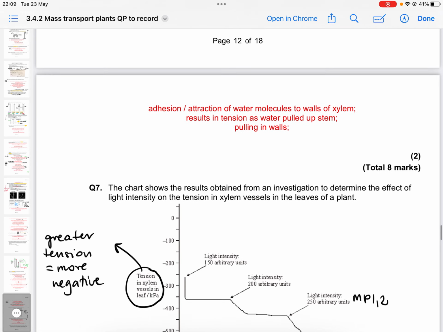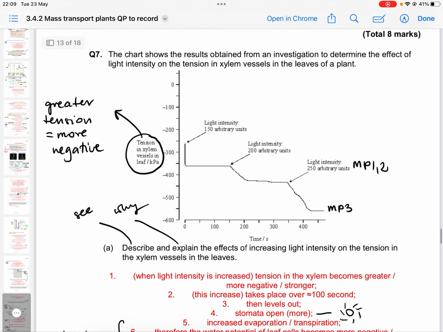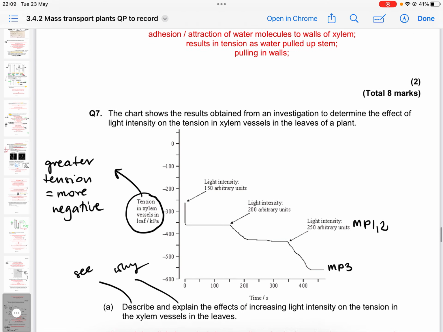Okay. Question 7 then. Question 7 requires a little bit of understanding of what the graph shows. So again, we've got our x-axis and y-axis, and we've got the tension in the xylem. We've mentioned tension a couple of times. So tension is the pressure. The same as with the water potential. If the water potential becomes more negative, it's something that we need to consider.